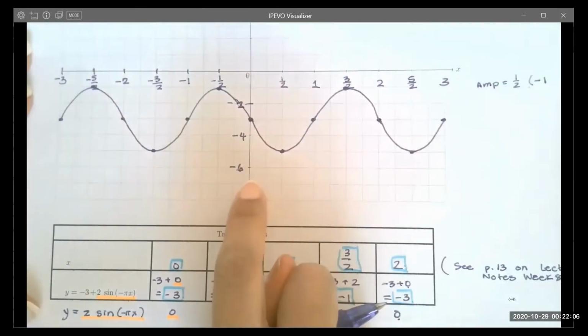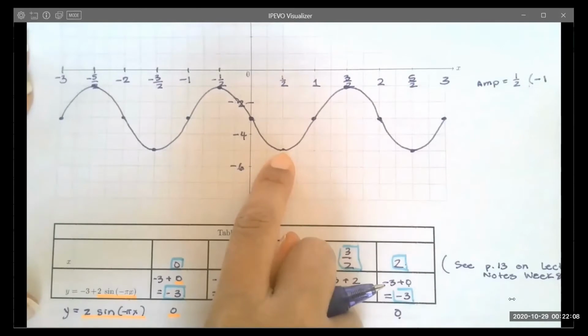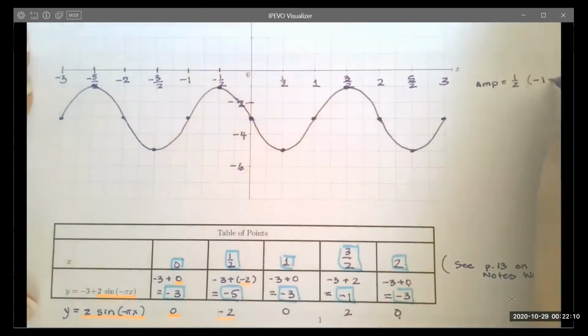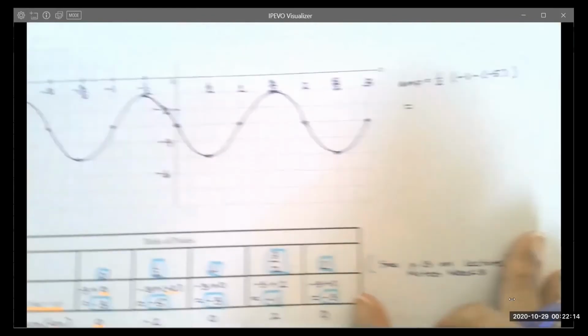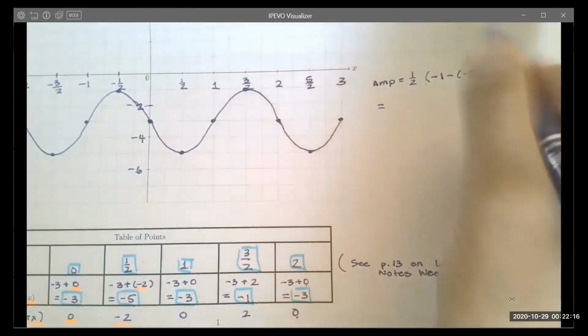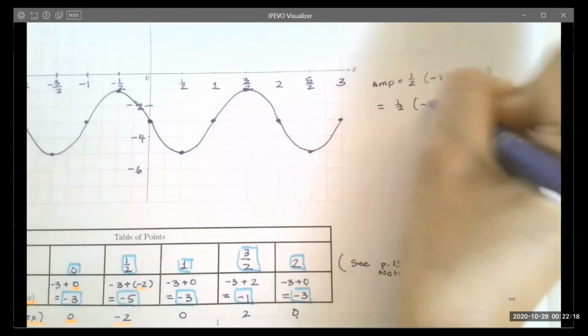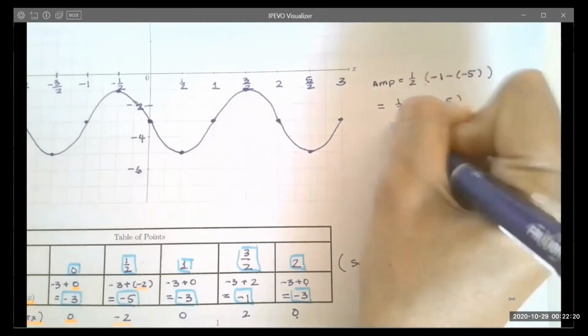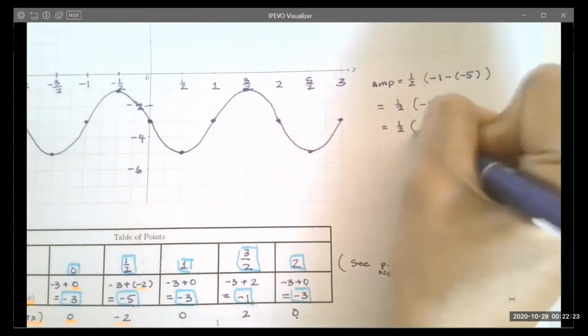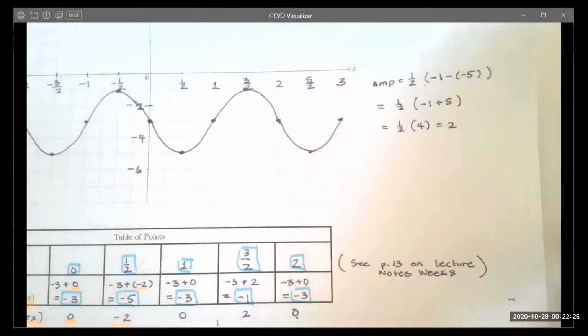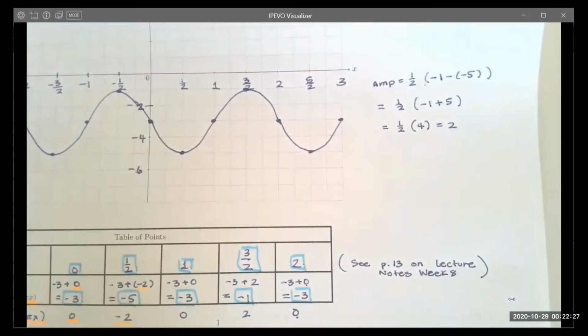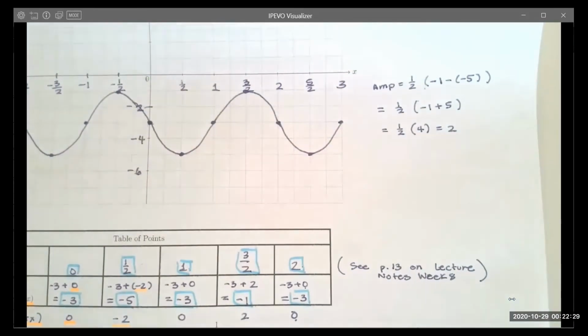The lowest point is a negative 5, so minus a negative 5. And so we get one half of negative 1 plus 5, so that is one half of 4, which is 2. And that means that we have an amplitude of 2.